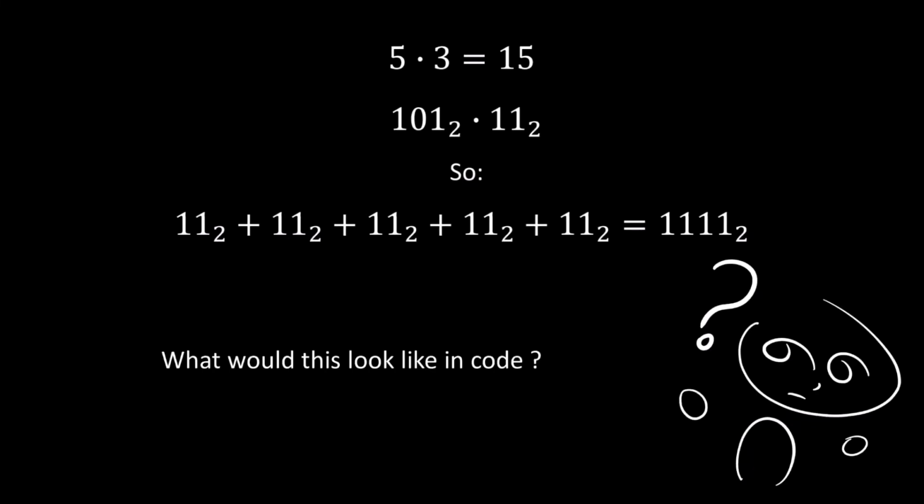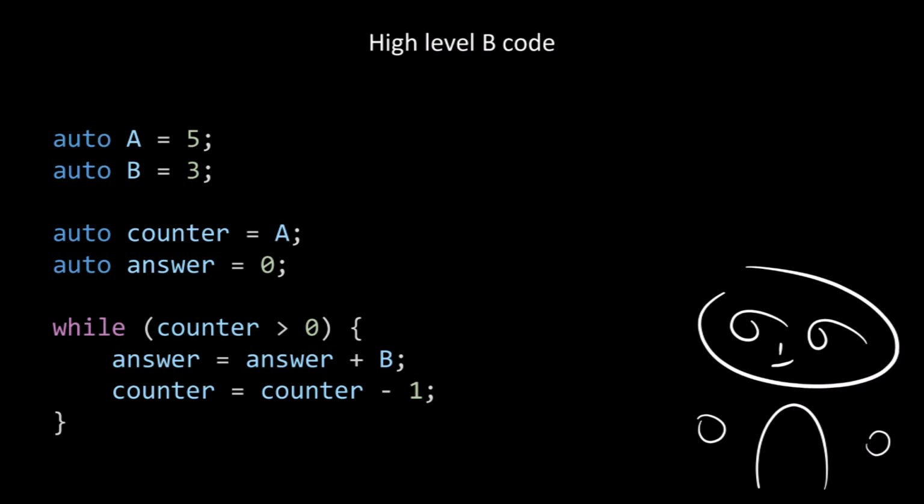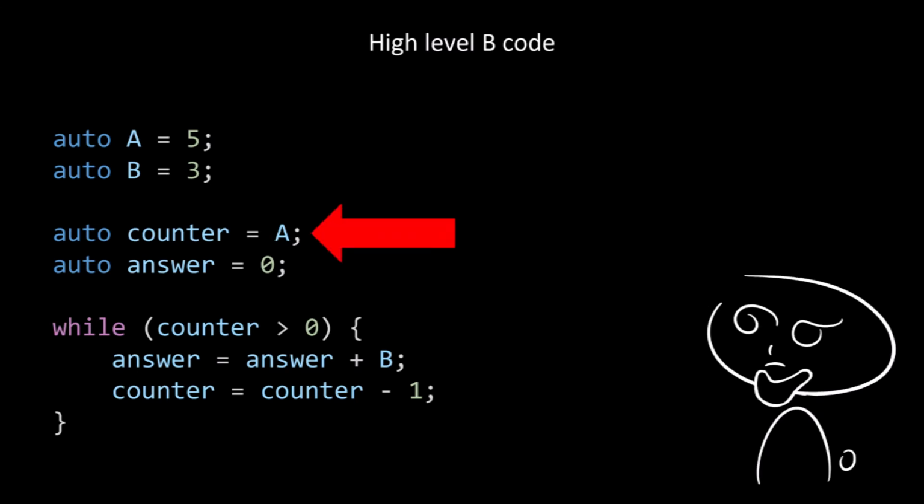So what would this look like in code? Here we have some high-level B code, which should be fairly easy to understand. First of all, we set the input variables A and B to equal 5 and 3. Then we set a variable called counter to equal A, and we set a variable called answer, which will contain the answer, equal to 0.